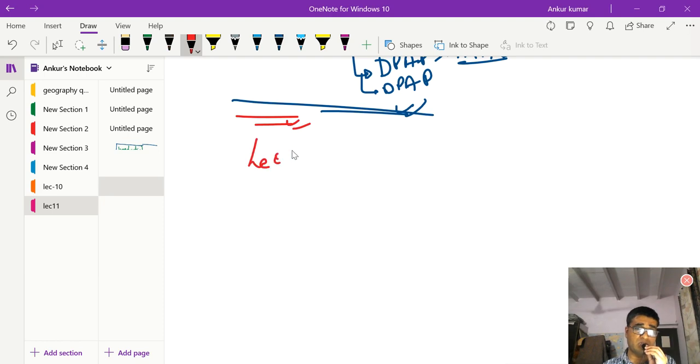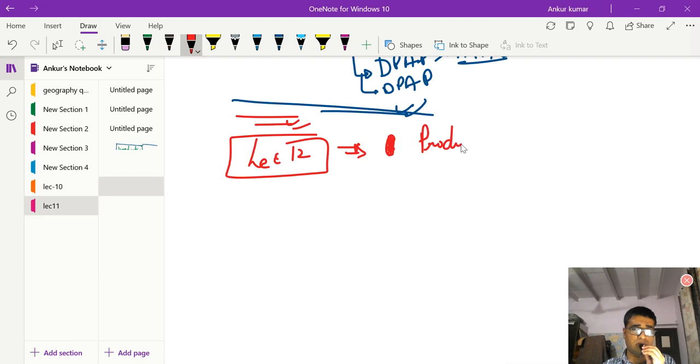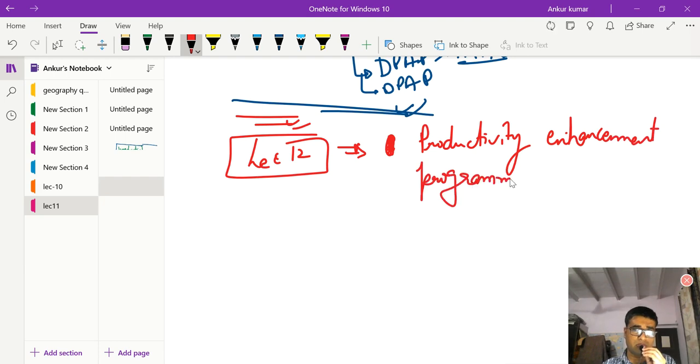The next class, that is lecture number 12, we will be starting with the productivity enhancement programs. Let us broaden the scope, that is productivity enhancement programs. Okay, there are a number of productivity enhancement programs which the government undertook.